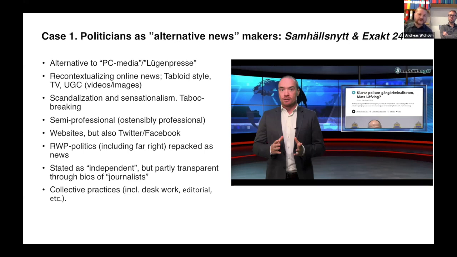These news sites are ostensibly professional. We define them as semi-professional since they involve people with a background in legacy news journalism. And as for political discourse, they provide content with a highly politicized form of news value. So basically, what we see here is right-wing populist politics in the form of news.